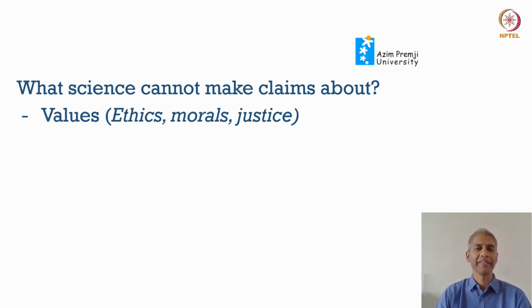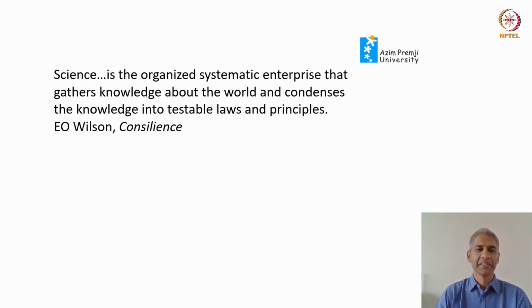So, given all that, can we arrive at a definition for science? And here I have chosen one such definition by a very well known ecologist called E.O. Wilson. He's an evolutionary biologist who was an expert on ants.